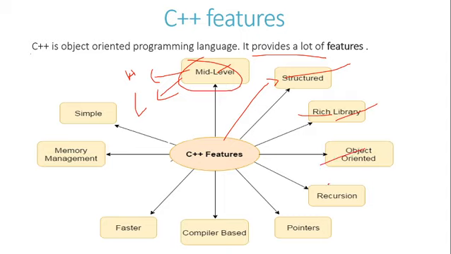Object oriented programming, I will discuss this. About recursion, I will discuss. C++ follows recursion. It supports pointers. It is compiler based. It is faster. It uses memory management, and most important, it is very simple. So these are the important features of the C++ programming language.